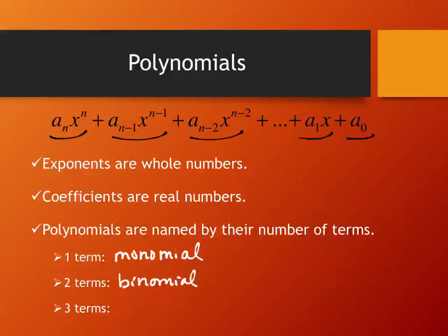Bi for two. And if it's three terms, it's called a trinomial. Tri for three. And anything bigger than that doesn't have a specific name. We just say polynomial. And in fact, we can say polynomial for the ones that are monomials and so forth too. It's just that we have a more specific name for them as well.